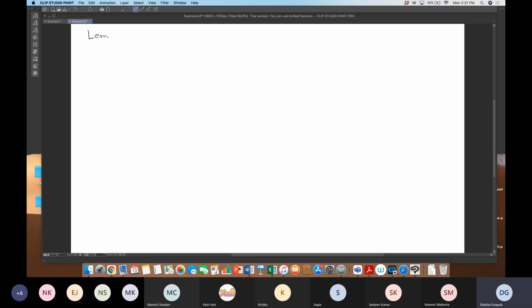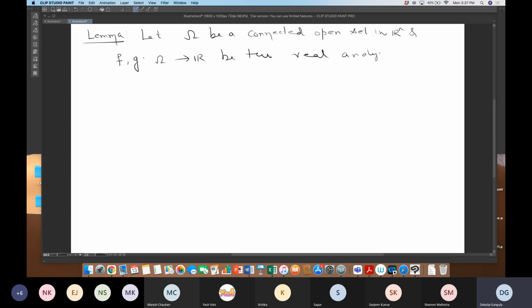Then we did a very important lemma, this one. Let omega be a connected open set in R^n, and f, g be real analytic functions in omega.